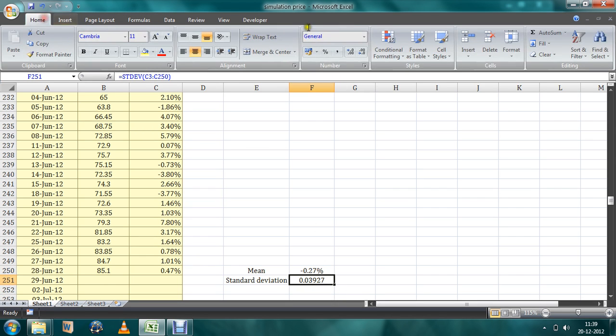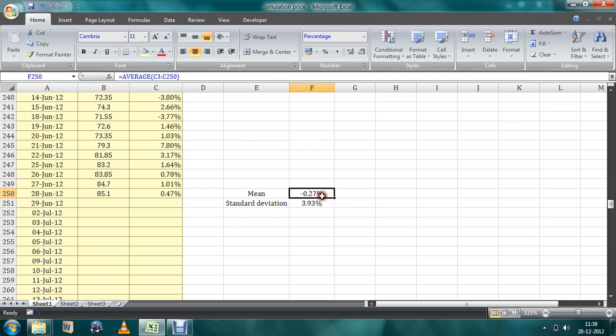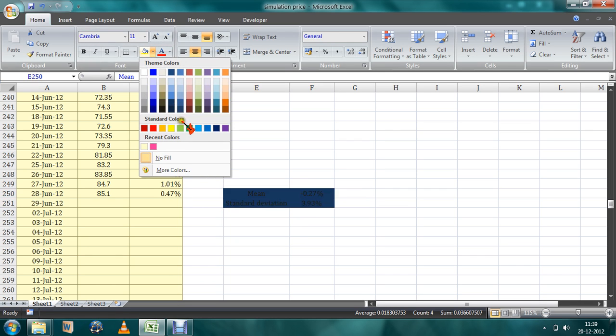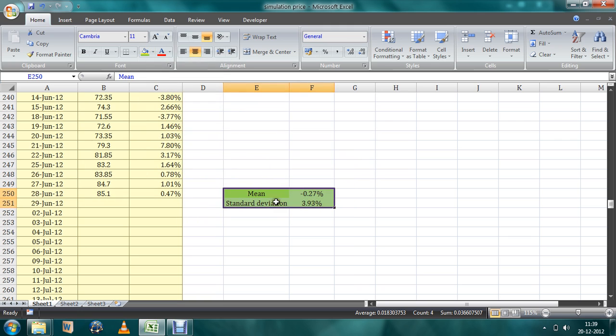We have to use them in terms of percentage. Till here we have calculated the mean and standard deviation of the stock prices. By using this we have to calculate the future prices using random number generation.